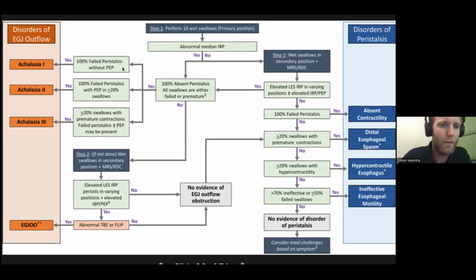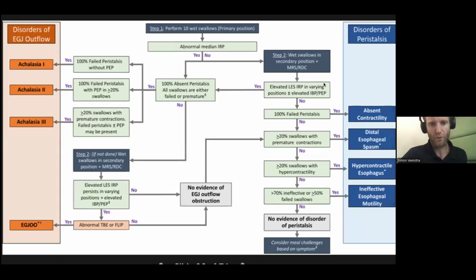Completely failed peristalsis would be your type 1 achalasia. Type 2, which is what we've just seen, is where there's panesophageal pressurization in more than 20% of the swallows. In type 3, you have premature contractions and failed peristalsis, and there may be an element of panesophageal pressurization as well. With regards to disorders of peristalsis, you generally have a normal IRP in these cases.